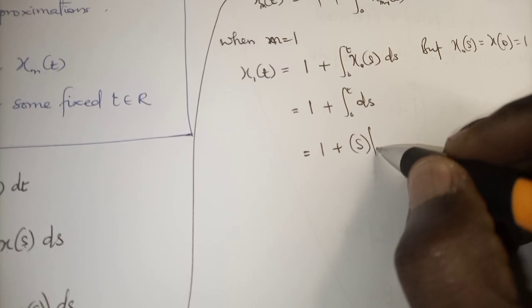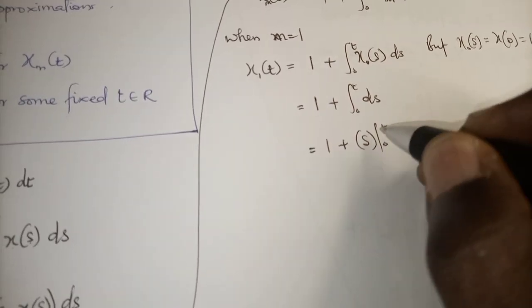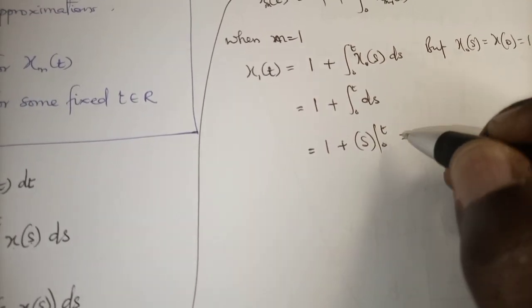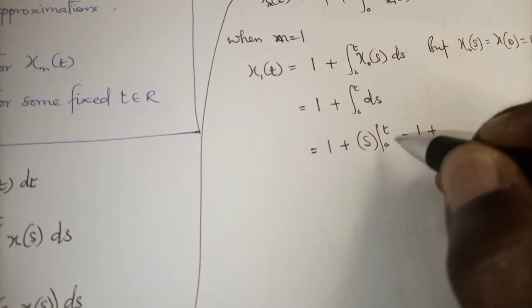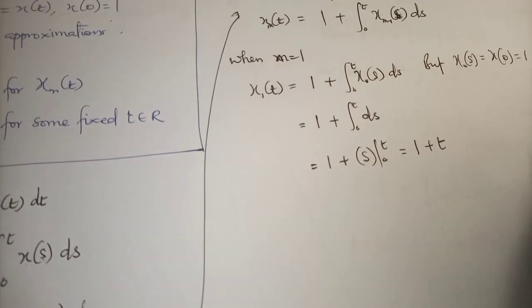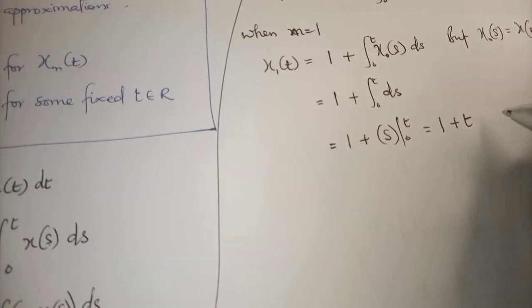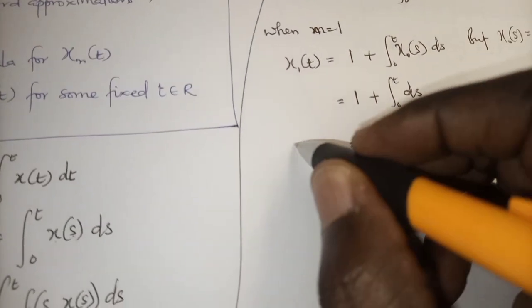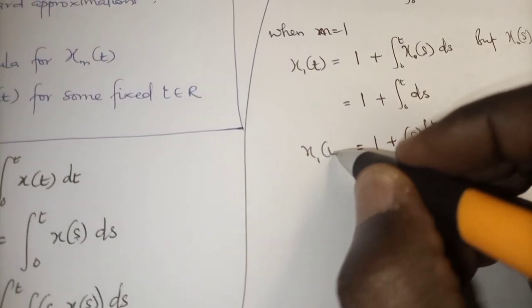This can be simplified as 1 plus t minus 0. So you'll have 1 plus t. So that is for x sub 1 of t.